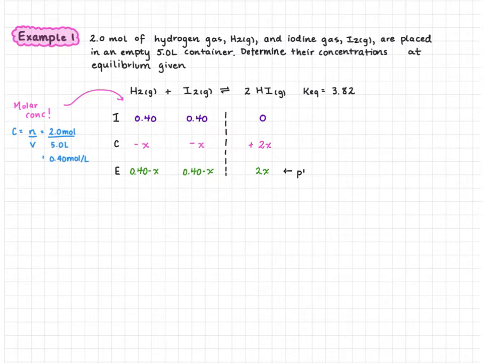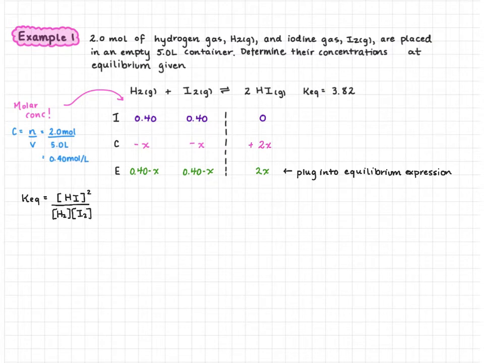So what we're going to do now is plug these expressions into our equilibrium expression. So KEQ is our products, which are hydrogen iodide. There's a 2 as our coefficient, so we're going to raise that to the power of 2, divided by our reactants, hydrogen gas and iodine gas.